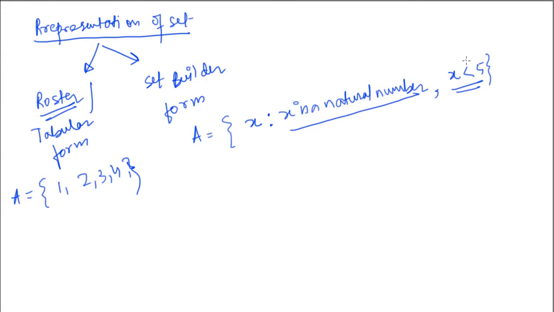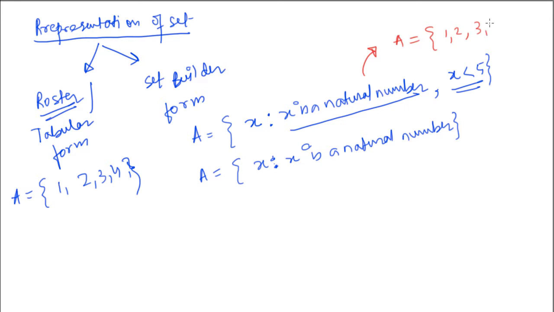Let's suppose this condition is not given, and only this is given: set A, elements x such that x is a natural number. Then in the first set the elements would be 1, 2, 3, 4, and in this set the elements would be 1, 2, 3, 4, 5, and it goes on till infinity.